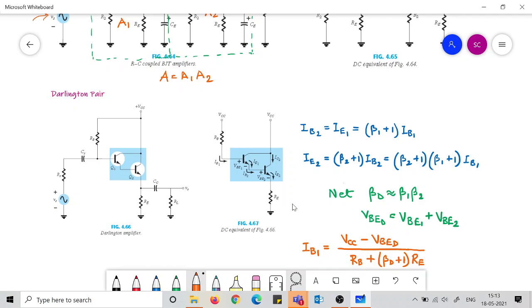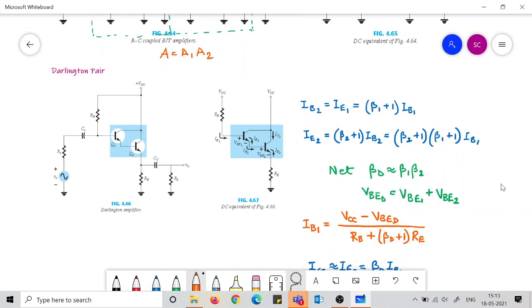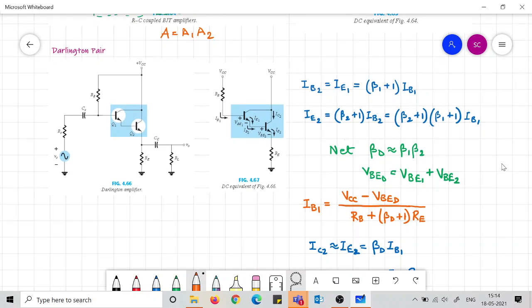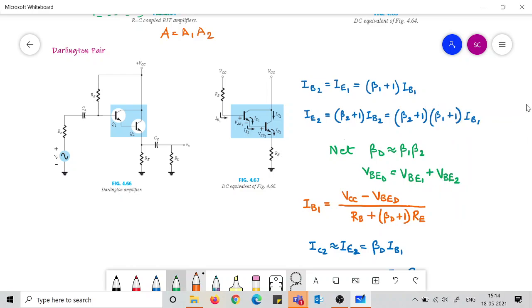Now we analyze this DC equivalent circuit to understand what the Q point is. The final load current is this IE. This IE will be equal to IC2. So we need to find out this IC2.